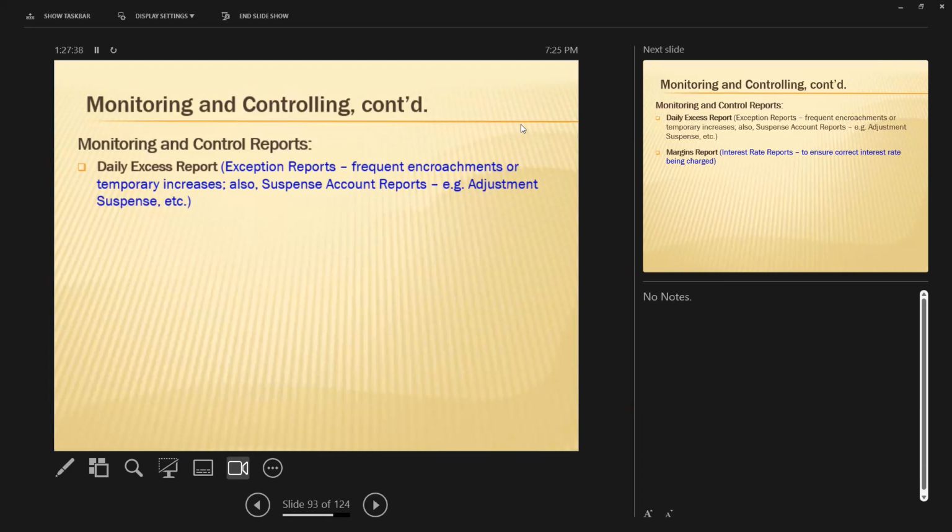So the exception report, where you're monitoring, in this instance, checking accounts or current accounts, will help you identify those with limits and those without limits, and where they are encroaching. Those who go overdrawn without a limit and those who go over the limit.